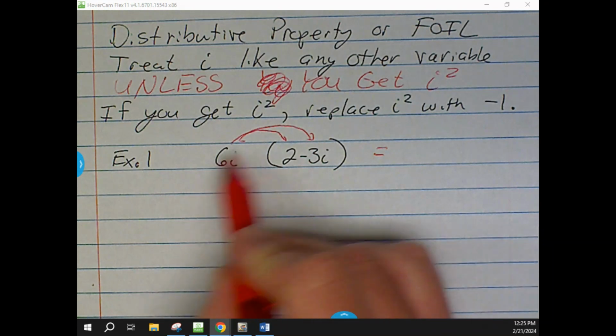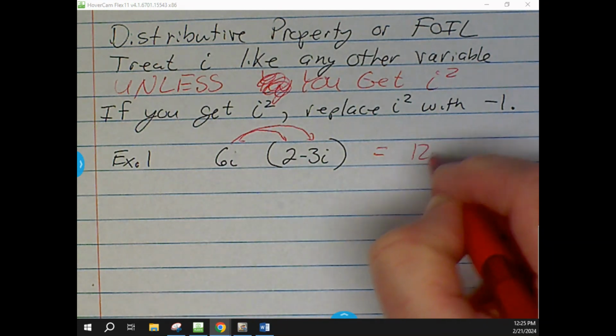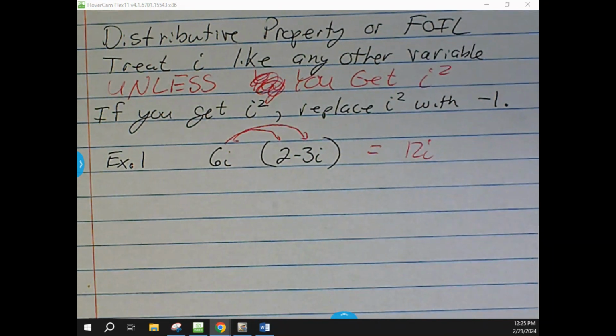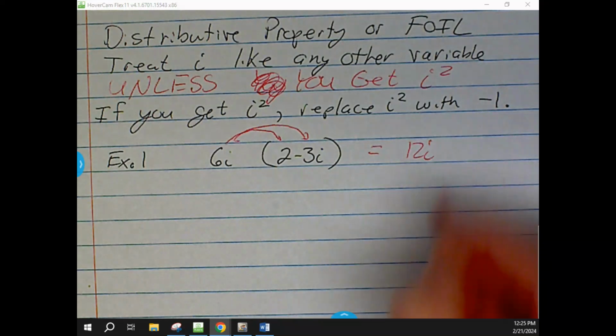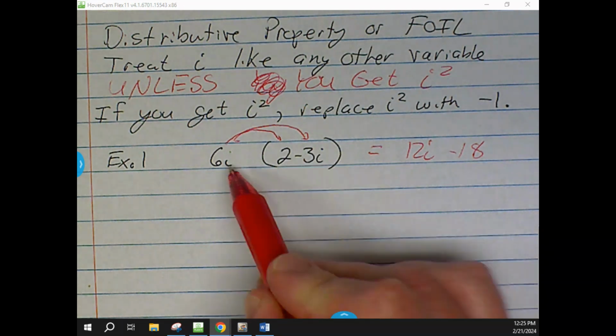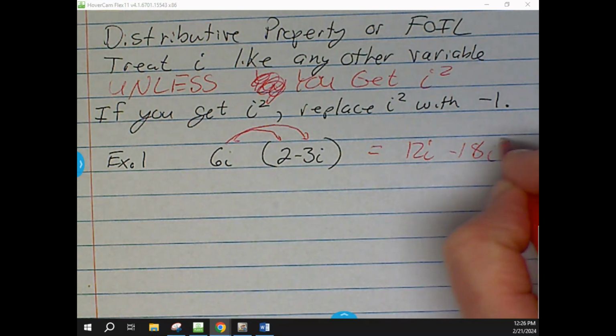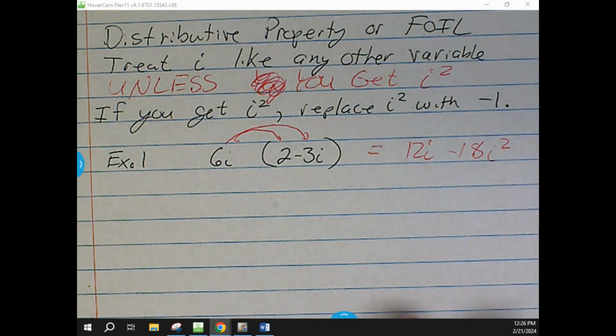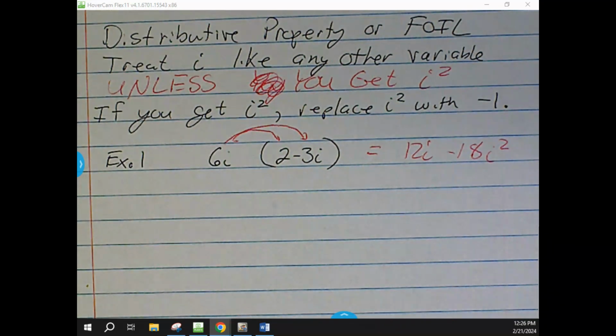So 6i times 2 is 12i. 6i times -3i is -18. If you do or don't remember, when you do a variable times itself, when you do i times i, that's going to make it i squared, just like if you did x times x, it would be x squared.